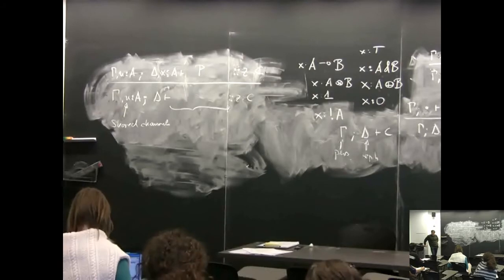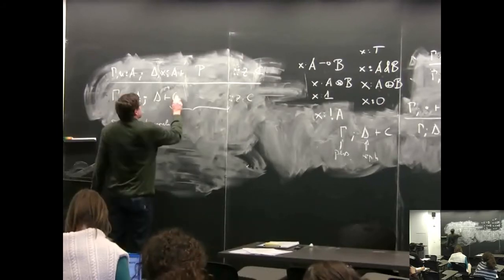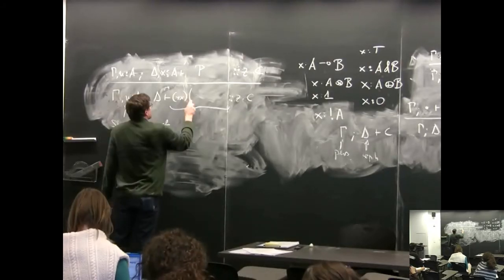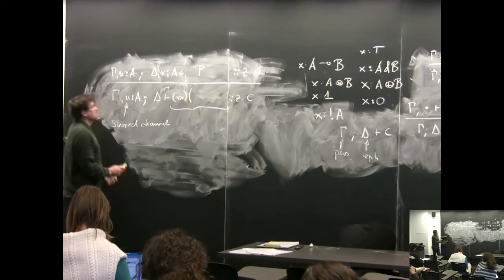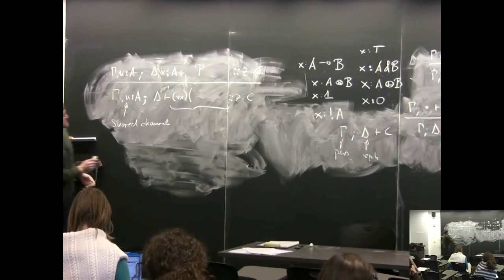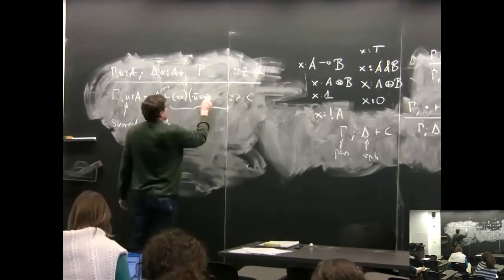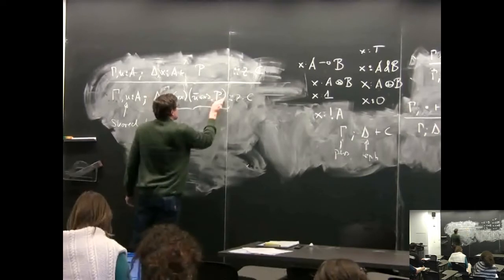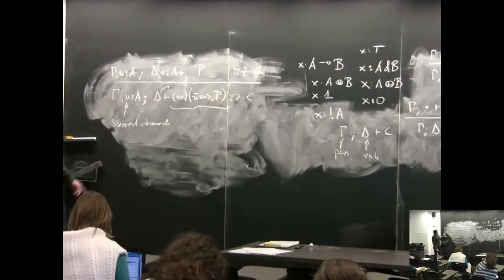You need a new x, and then you want to forward u. Almost. I'm not quite forwarding, but I'm going to send x to you. And then I'm going to have P, and P depends on both x and u.